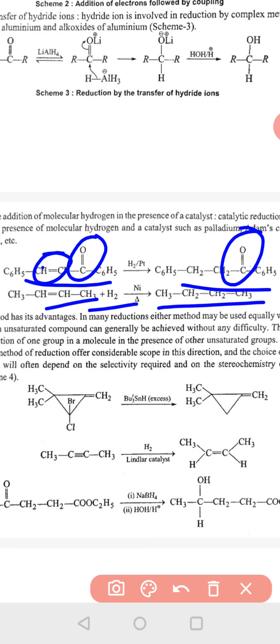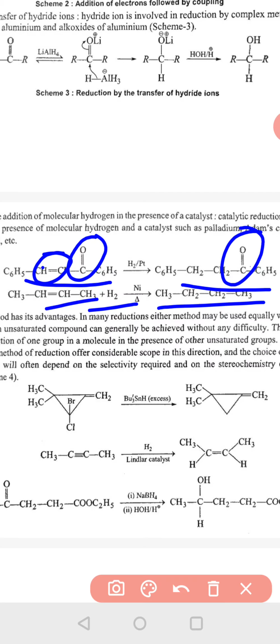Now we have seen three methods, three ways to carry out reduction. Each method has its own advantage. In many reductions, we can use either method, and complete reduction of an unsaturated compound can be achieved without any difficulty.